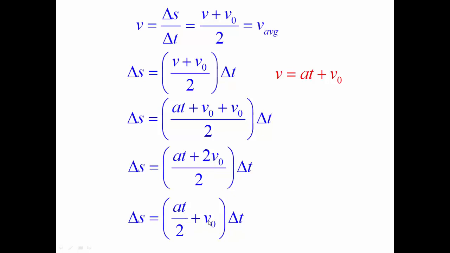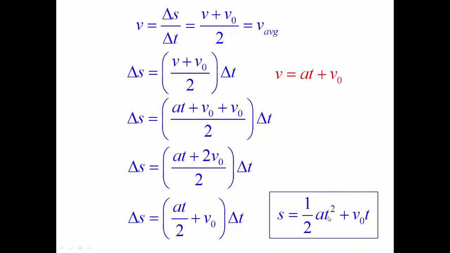Now, this is the point where I realize delta t is really just t, just like we did in the acceleration problem, t minus t naught, assuming that t naught is 0. If I distribute that t across, I get a t squared over 2 and v naught times t. And right here we have our position equation.